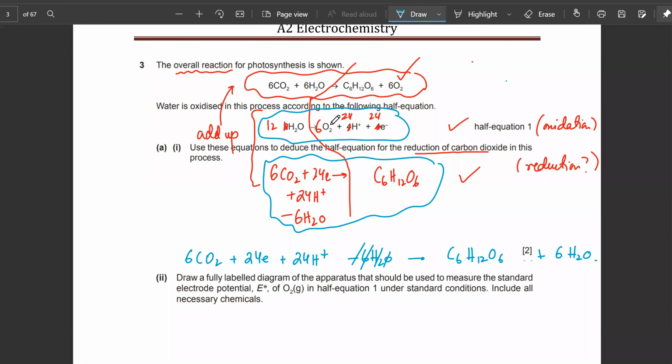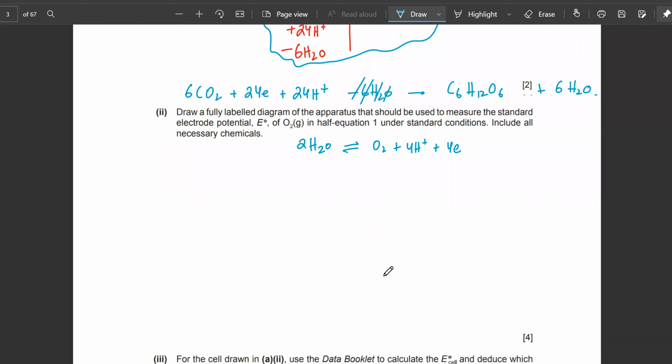For this, I'm going to write the equation. I think the original equation was 2 water molecules, reversible, not six O2 molecules. There was only one O2 molecule. So you get O2 plus 4H plus 1 plus 4 electrons, right? This was the reaction. And he's asking what apparatus you would use.